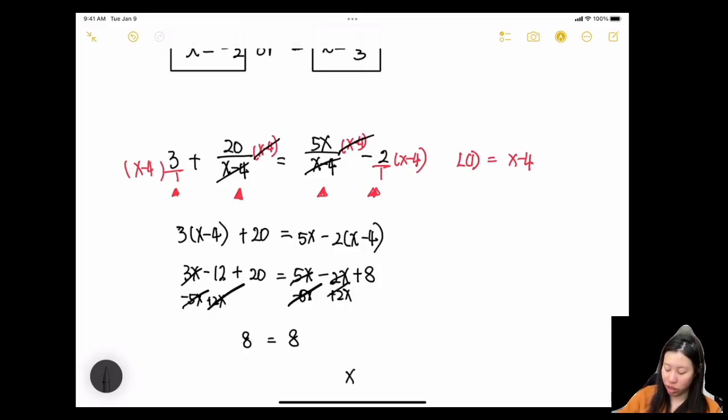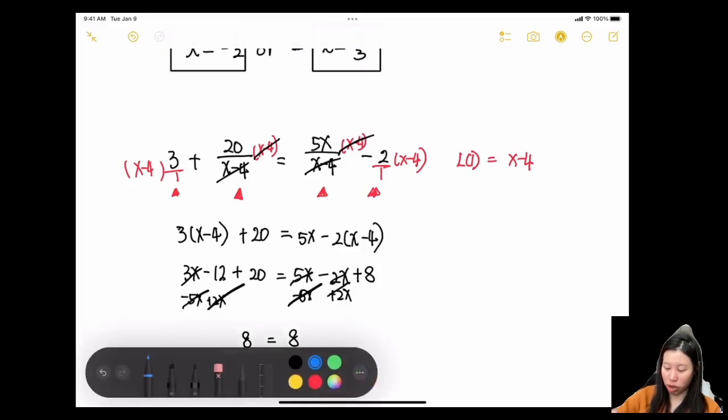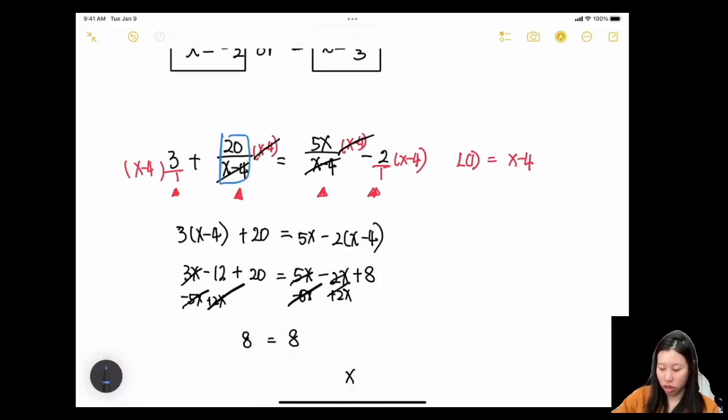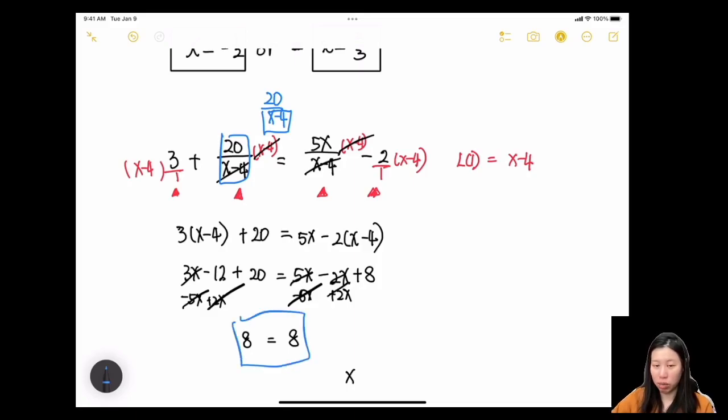x can be all the real numbers, but except for what? Look at the original problem, 20 over x minus 4. So x is in the denominator. That means x can equal everything except for 4. Usually if these two are equal, that means x can be any number.